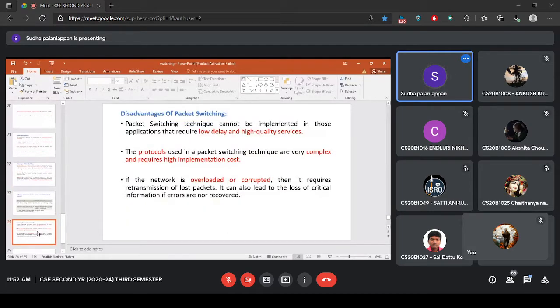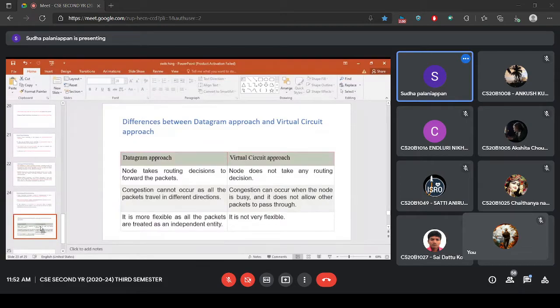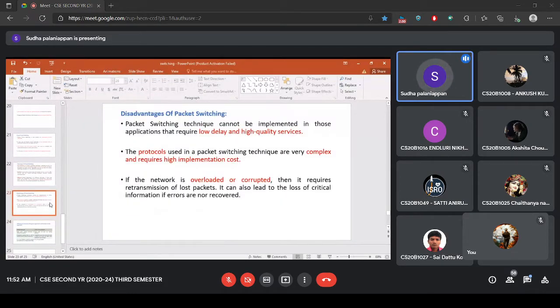Disadvantages of packet switching. It requires low delay and high quality services. The protocols used in the packet switching technique are very complex and require high implementation cost.